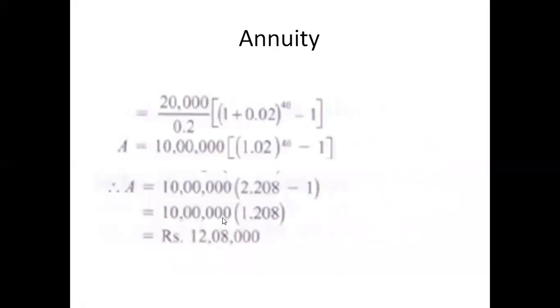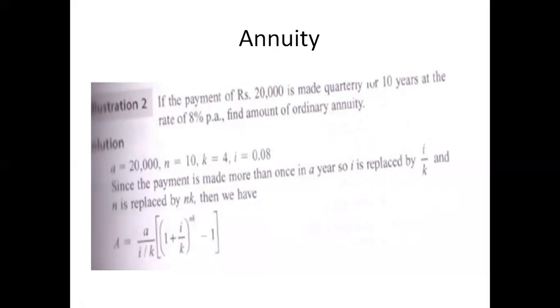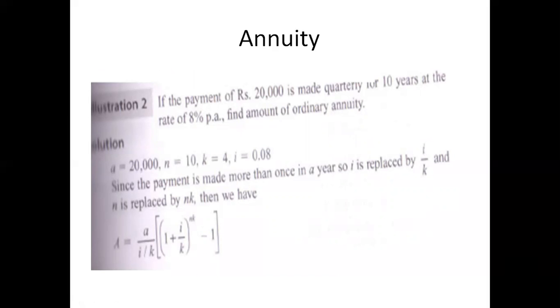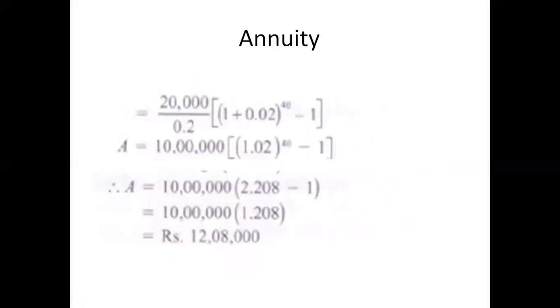Then we have 20,000 divided by 0.02. This is 8% divided by 4, that is 2%. The inner portion will also be 1 plus I by K, that is 1 plus 0.02, but the power will be N into K, that is 40, minus 1.